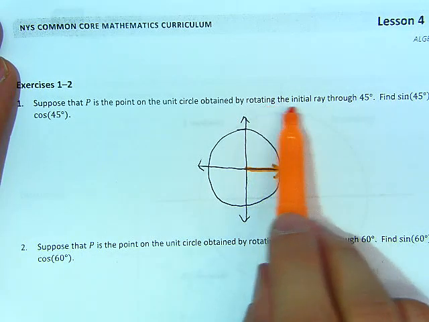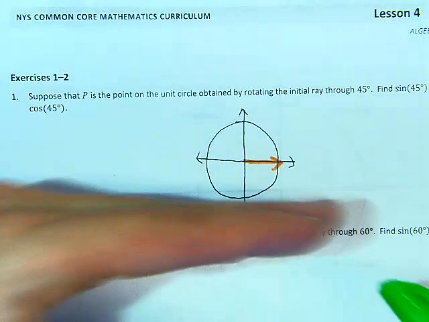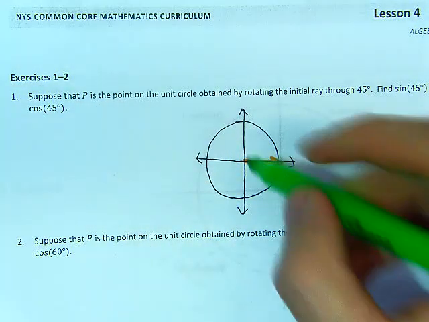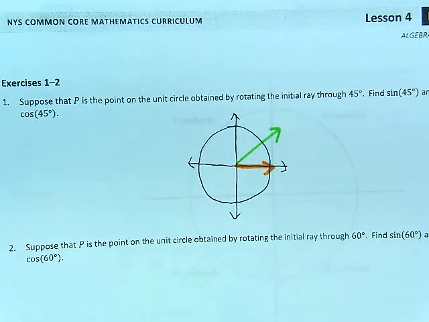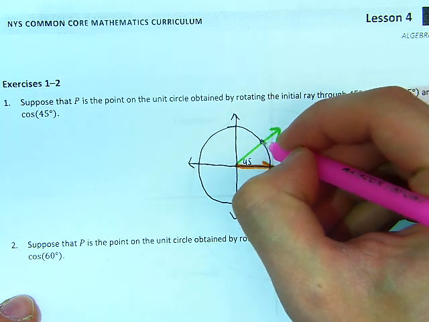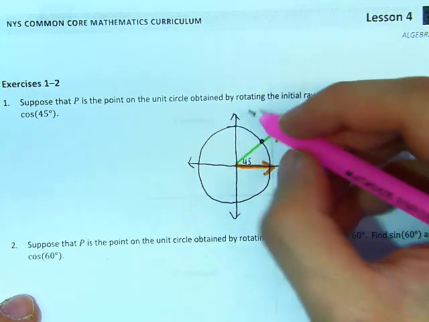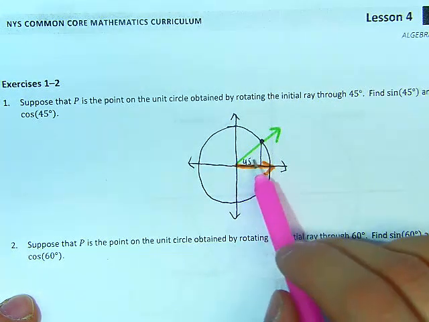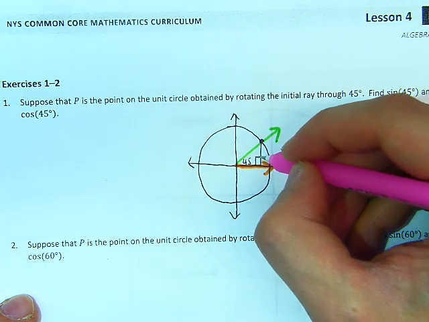So now you rotate the initial ray 45 degrees, and you make a 45-degree angle. Imagine that the sun is over here. If this is the point, we drop this perpendicular line, and this is simply a 90-degree angle.